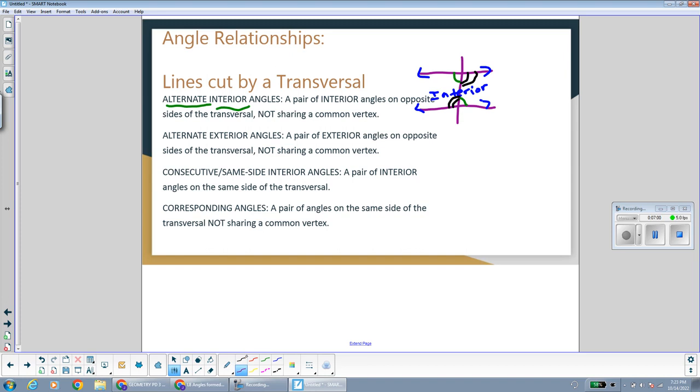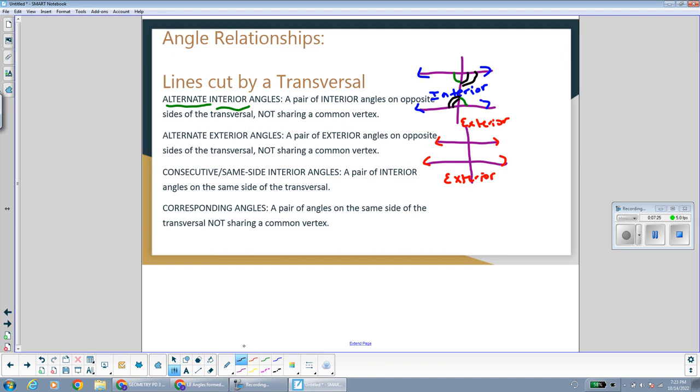Alternate exterior angles. I'll draw you another picture. So exterior angles are outside the lines. So here are the lines. Inside the lines would be interior. Outside the lines are exterior angles.